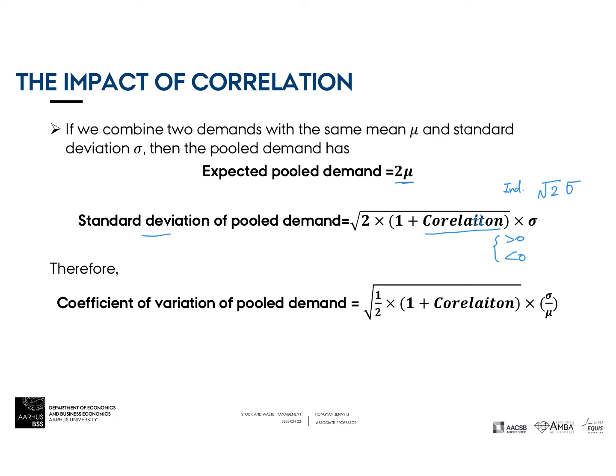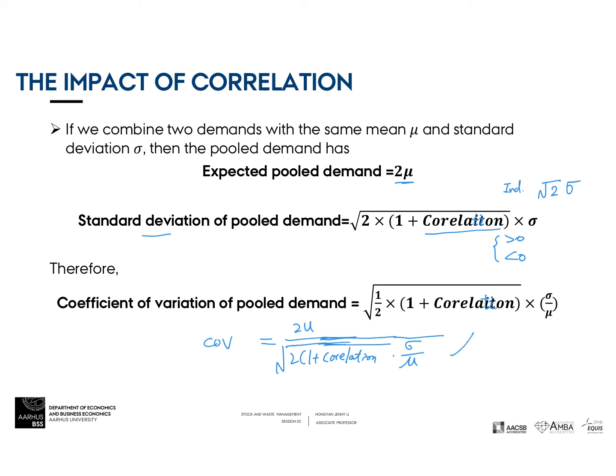There's a typo here, just correct it: correlation. And then we can see the coefficient of variation of the pooled demand is a new value. By definition, the coefficient of variation is the standard deviation divided by the mean.